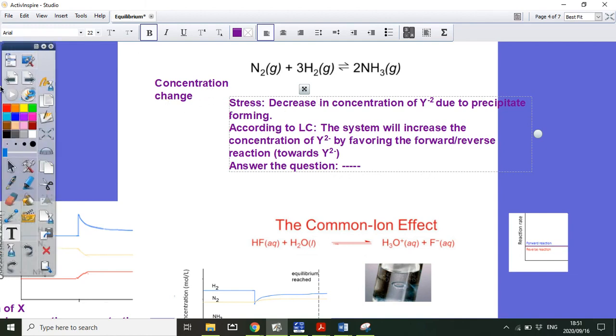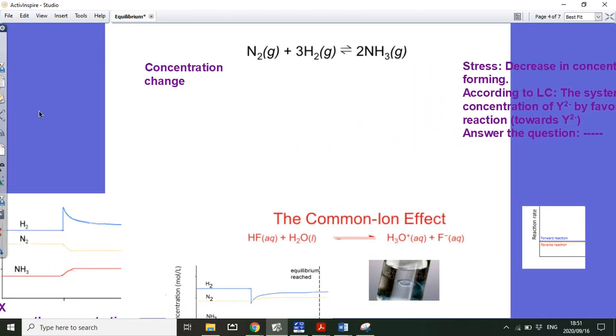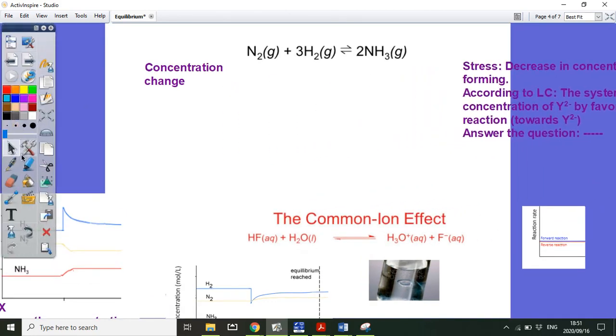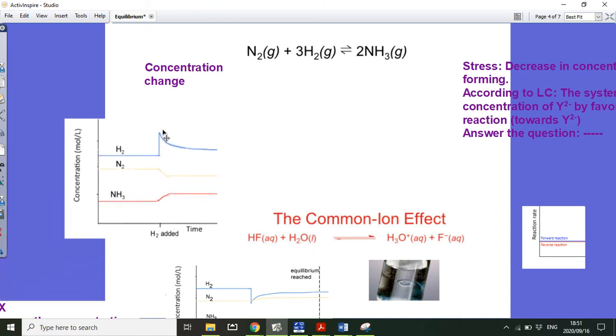Remember, not the surface area and the catalyst, and we'll look at that just now for a catalyst. But now for the concentration change, if we look at the graphs, the common ion effect will look exactly like this. So your ion will just increase and decrease.